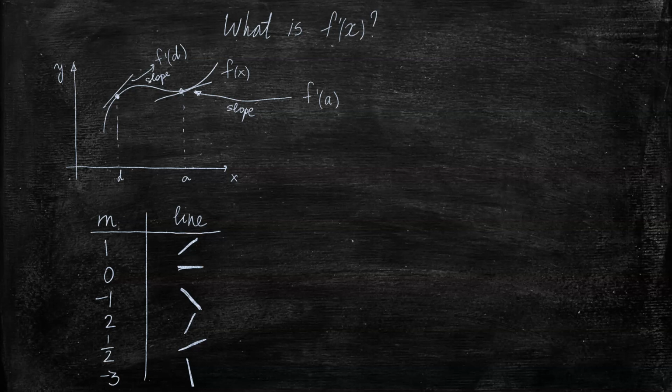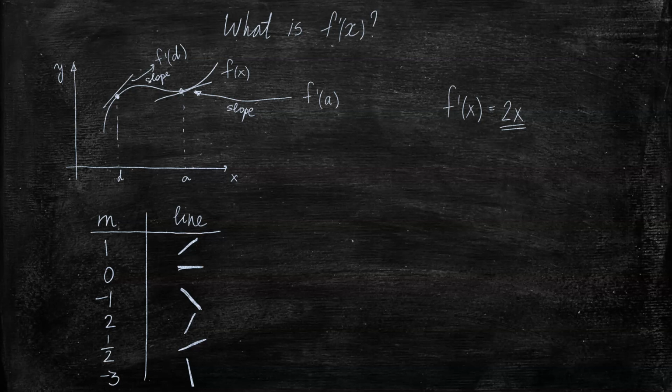And when the derivative of a function is given to us by some expression rather than a number, what does that mean? We can use the derivative function to find the derivative at any individual point.